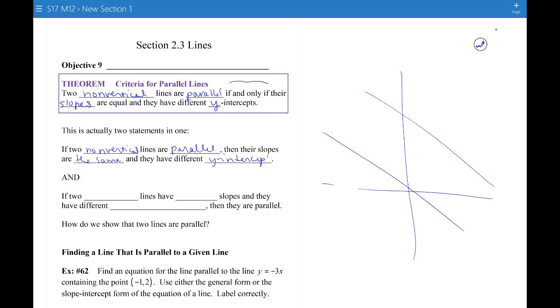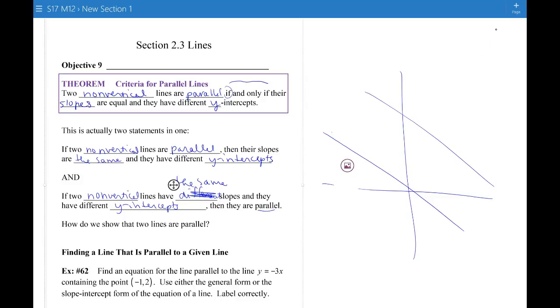That's what we would call the forward direction. That's the if. But only if is if you go the opposite direction. You say if two non-vertical lines have the same slopes and different y-intercepts, then they are parallel.